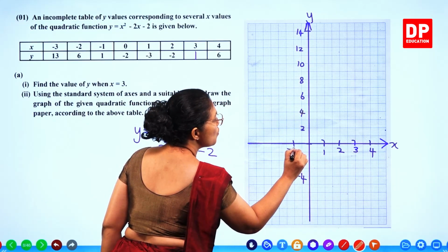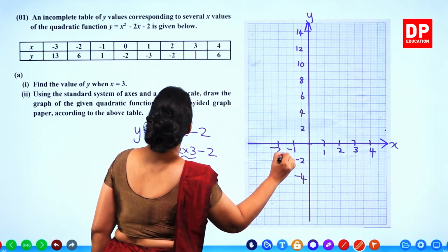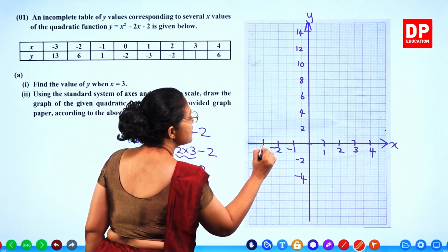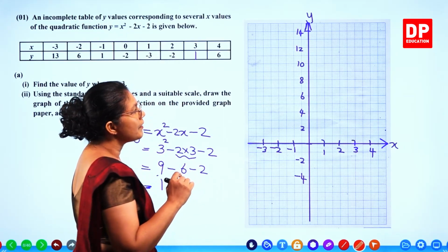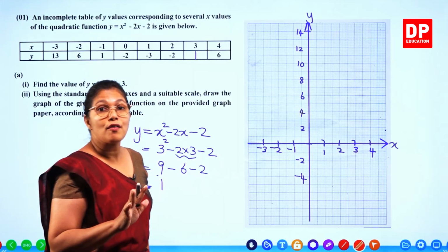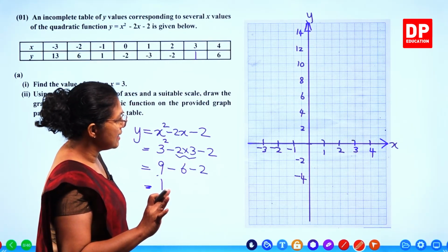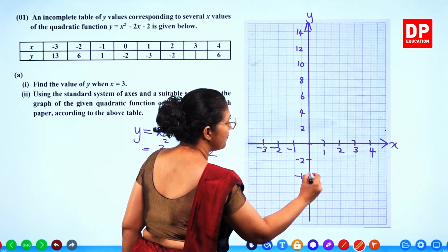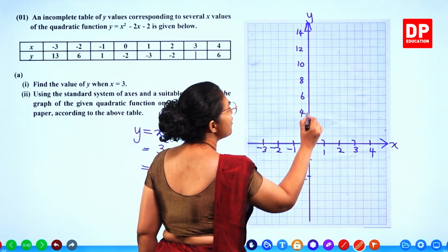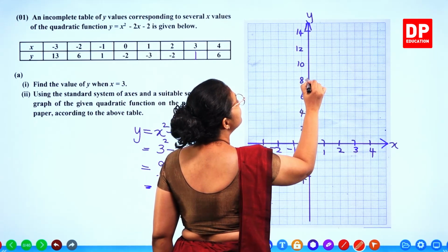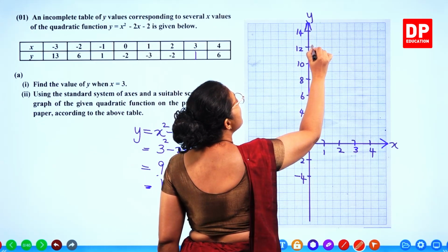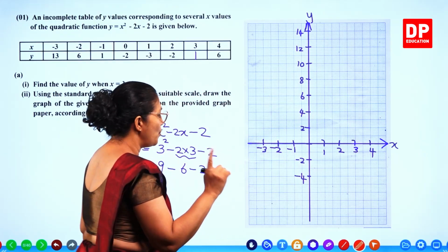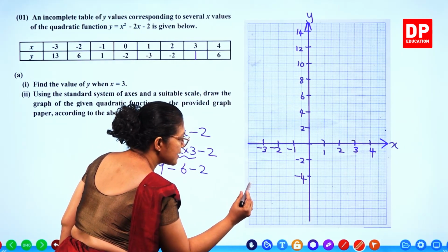You get minus 1, minus 2. And you need minus 3 as well. So you get 1 mark for scaling the 2 axes. Then what you do? Write down the scale. The other important thing is to write down the scale. So we took a long x-axis.